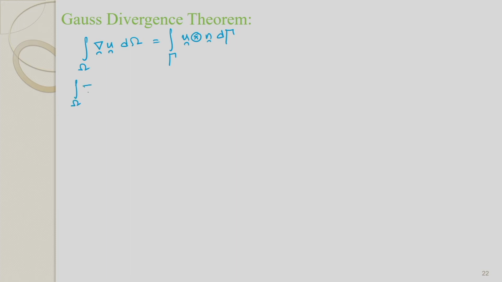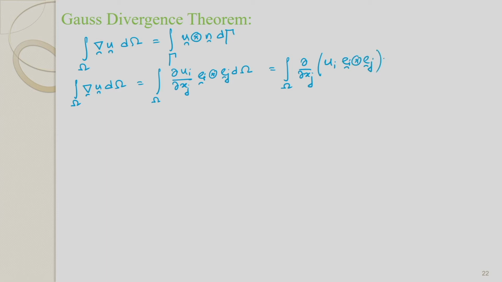So, we can write it in indicial notation, because e_i and e_j do not depend on x.